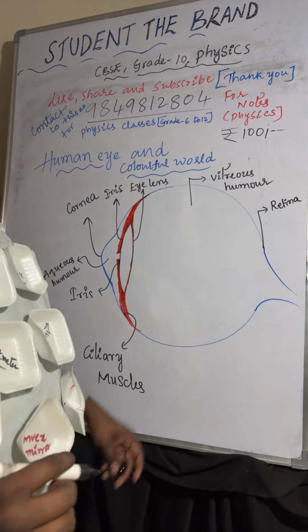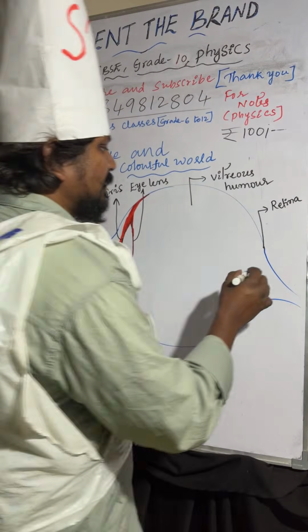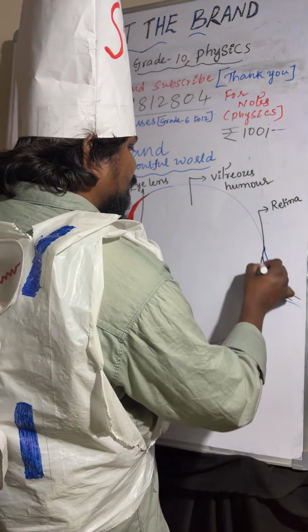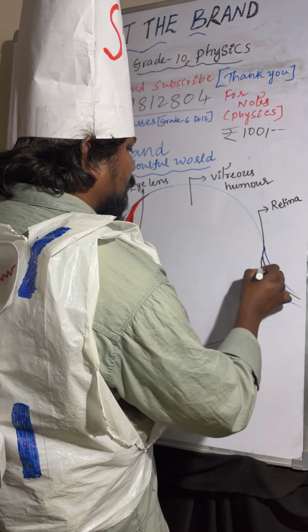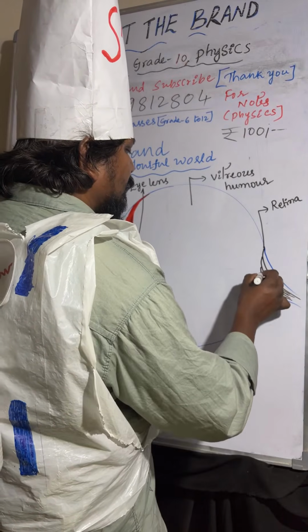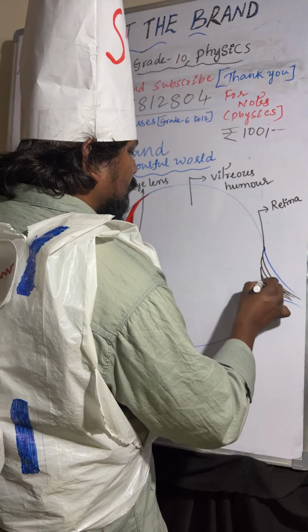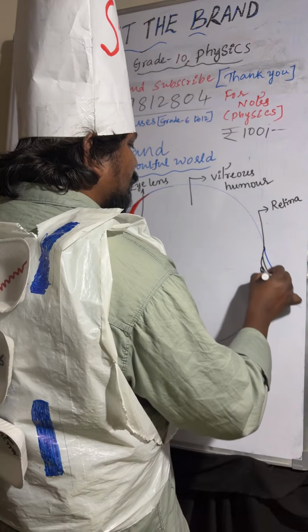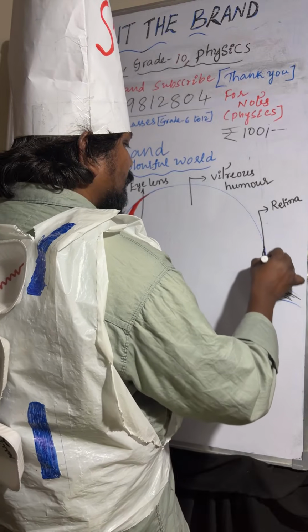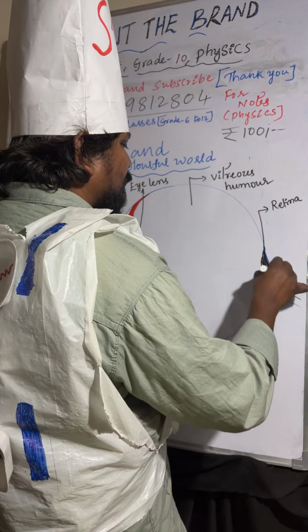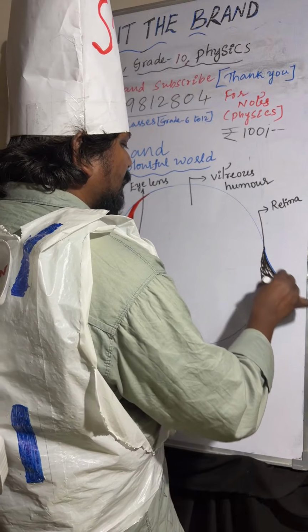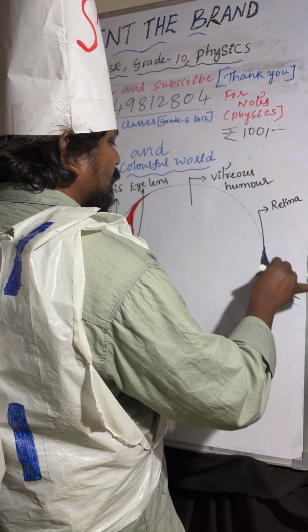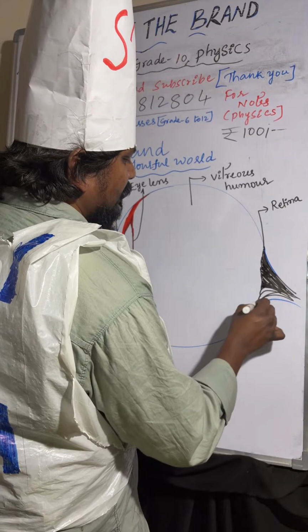Okay, and you can draw. So these are the optic nerves. You can check here.